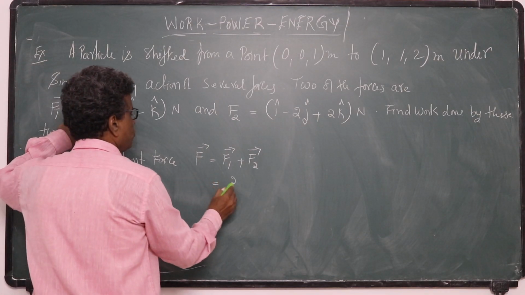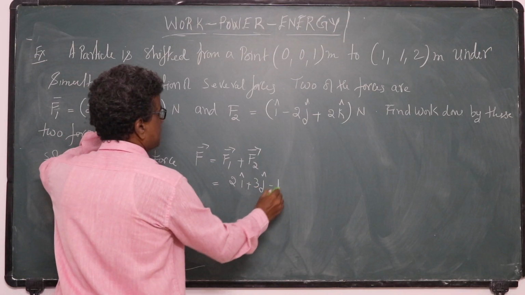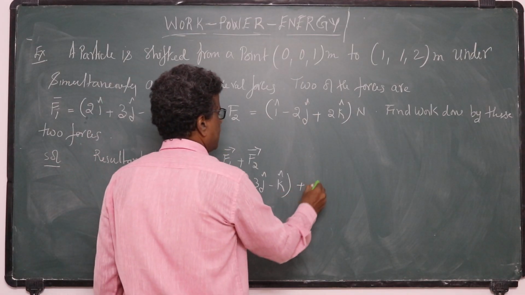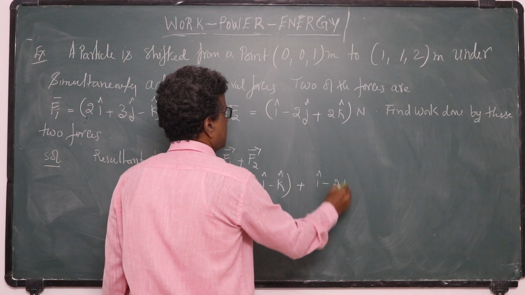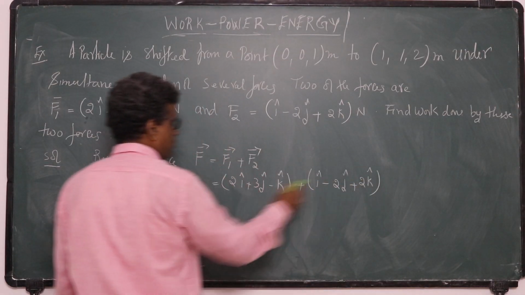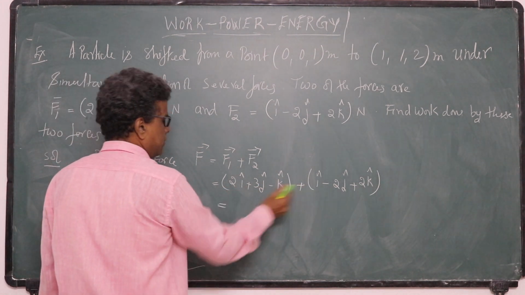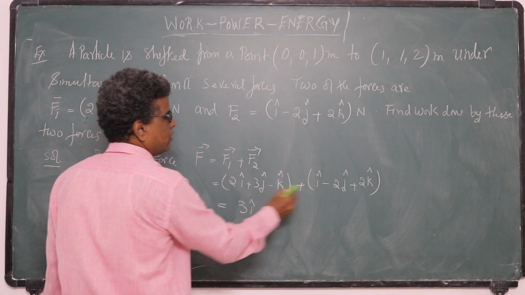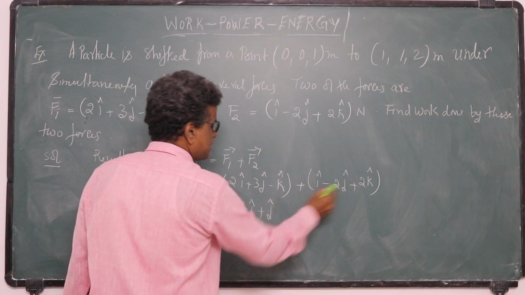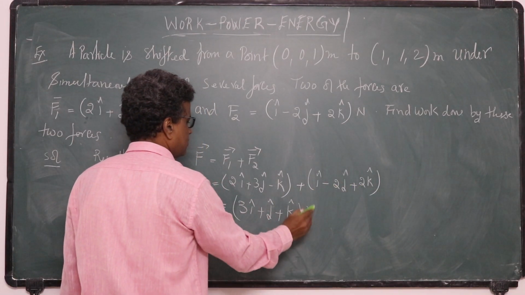F1 is 2 I cap plus 3 j cap minus k cap, plus F2, I cap minus 2 j cap plus 2 k cap. Using the components method: 2 plus 1 is 3 I cap, plus 3 minus 2 is j cap, minus k plus 2k is plus k, newtons.